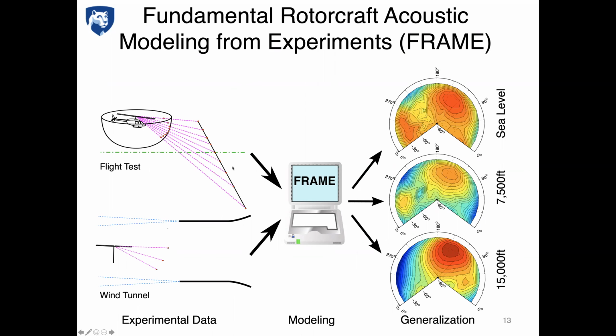Once we've calibrated this relatively low order semi-analytical model, we can make predictions, say, to see what happens to Blade-Vortex interaction noise as we take that helicopter from sea level, where we maybe measure that data, to different altitudes. We can see, for instance, in this chart that the predicted behavior is quite nonlinear, and it's going to be very difficult to accurately estimate if you only had data at one operating condition.